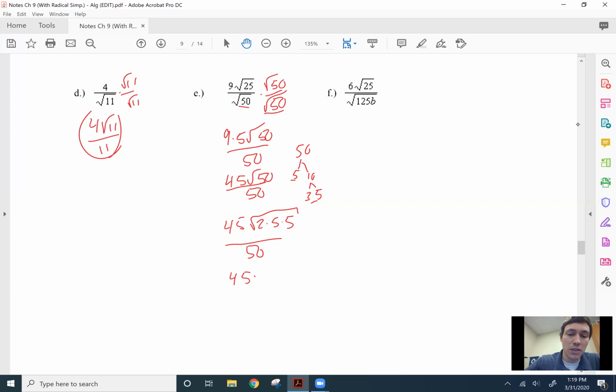So I get 45 times, and I'm going to rewrite this in terms of squares. Since remember, there's a 2 here, these match up. 5 escapes, and I'm left with the square root of 2. So finally, I get 45 times 5, which is 225, radical 2 all over 50.